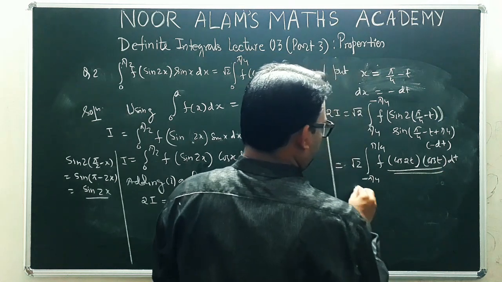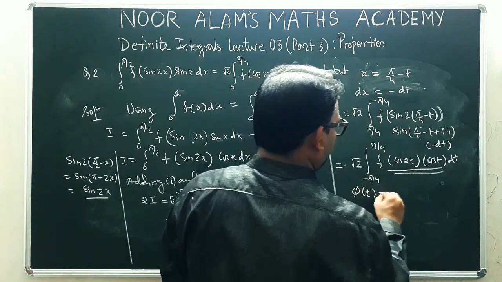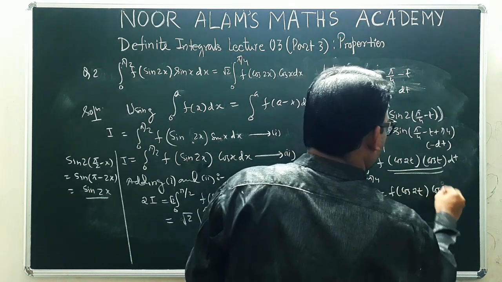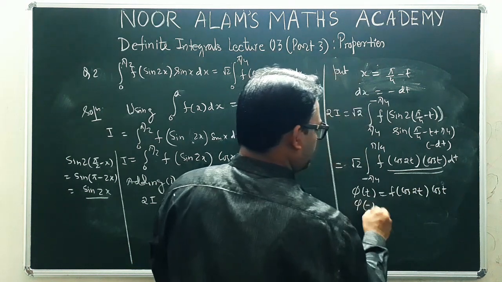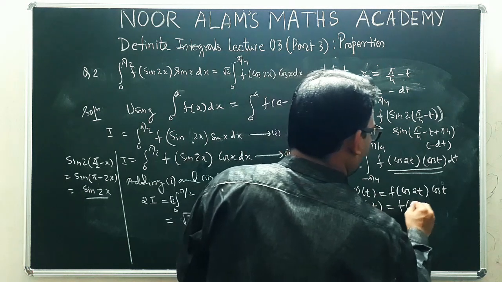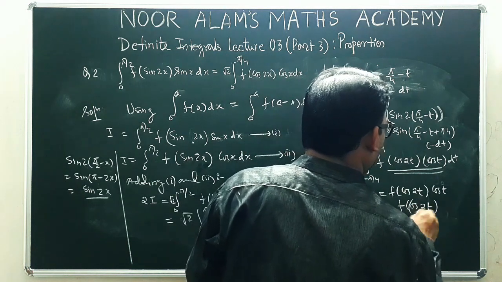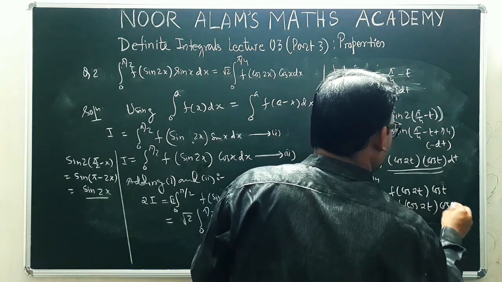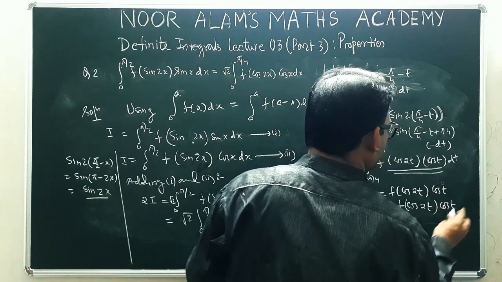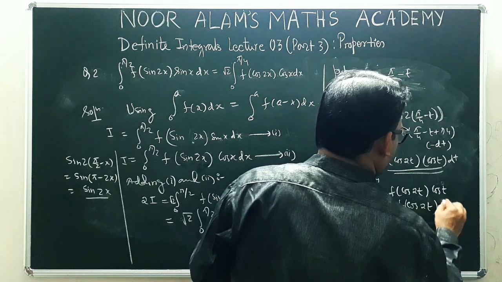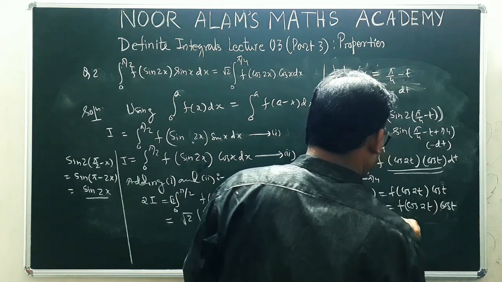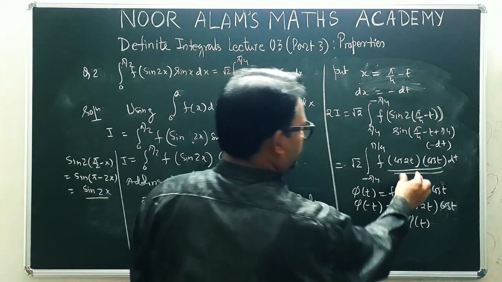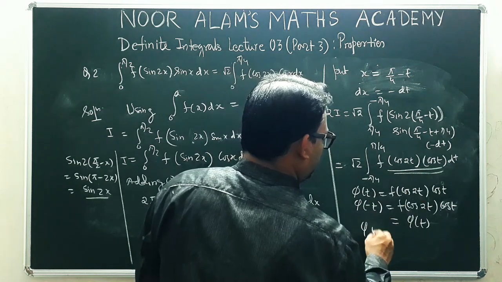If we consider this as phi of t, f of cos of 2t times cos of t, then phi of minus t will again be f of cos of 2t, and cos of minus t is again cos of t. We know that cos absorbs the negative sign. So ultimately we get phi of t, and from here we see that phi is an even function.